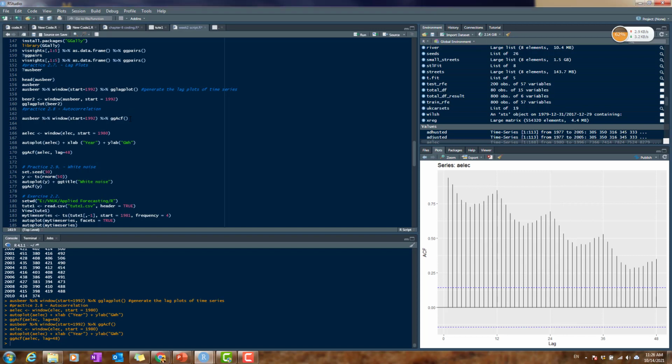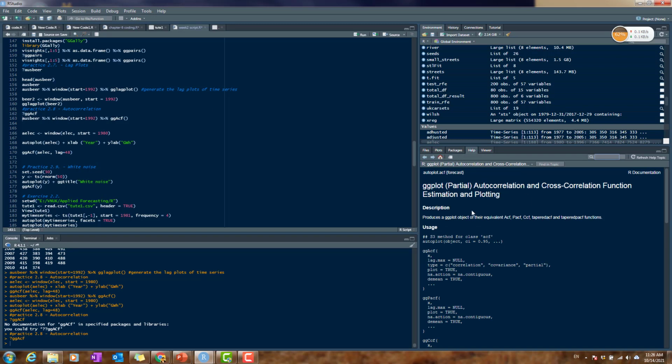So let's check it for the first one. In this one, we're going to use the ggACF, the autocorrelation function graph. Oh, we don't have the data for ggACF. Let's check. Oh, I'm sorry.